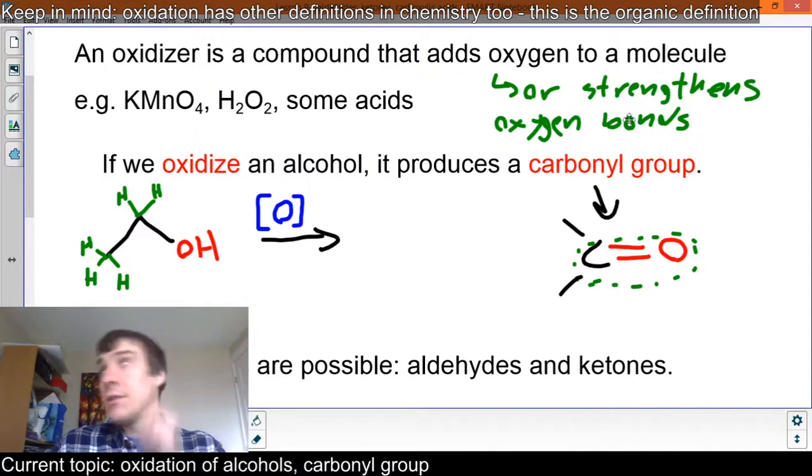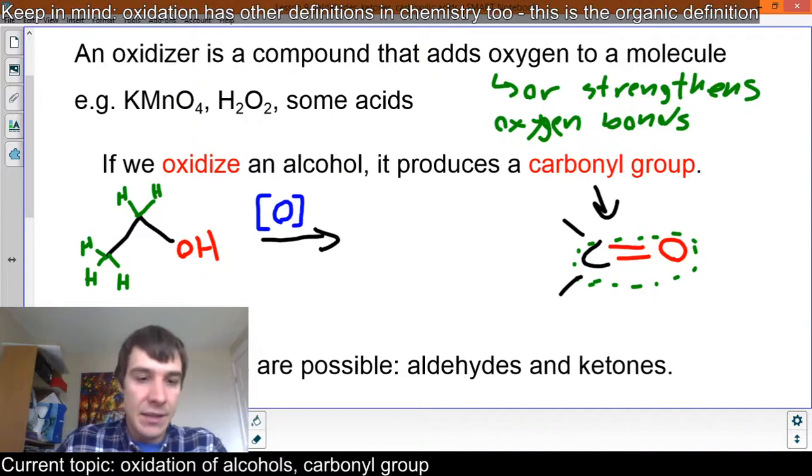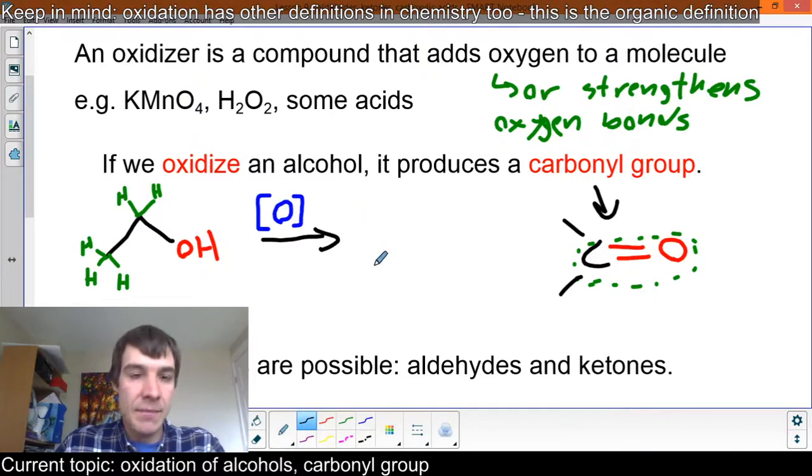So it adds oxygen or strengthens the connection to oxygen. We're going to make this carbon more connected to this oxygen. And again, this is just the symbol for the oxidizer, whatever oxidizer you happen to be using.